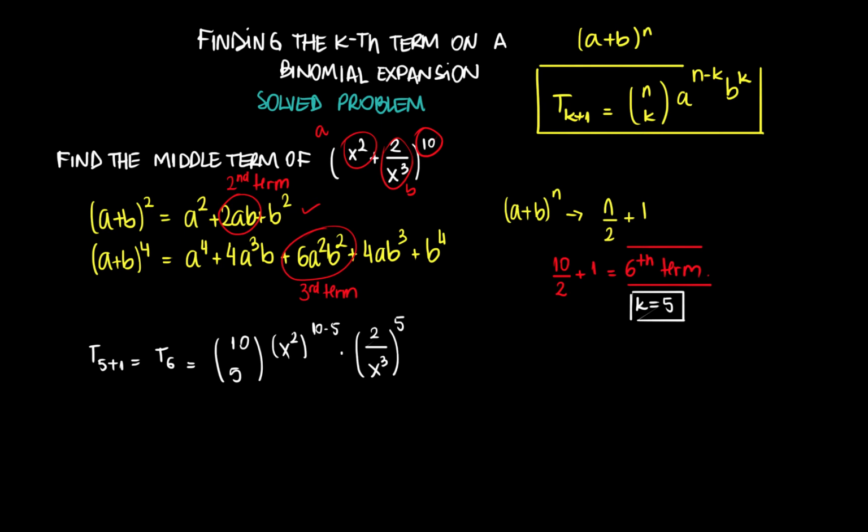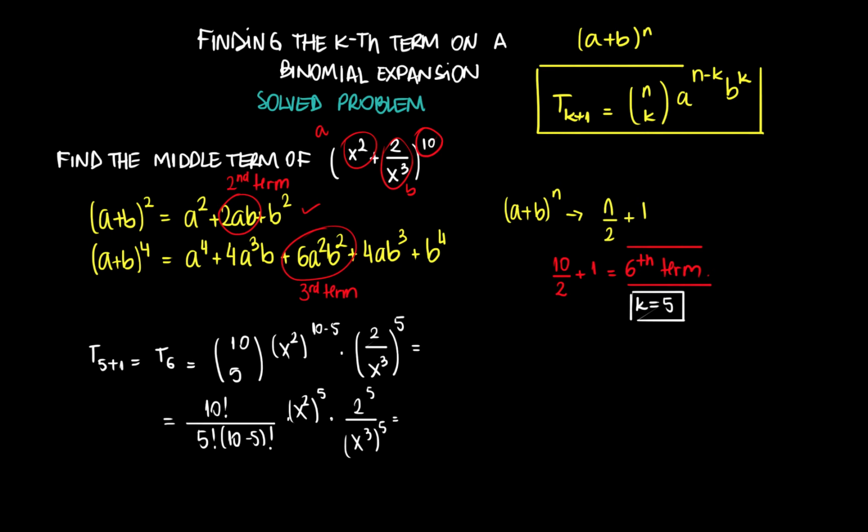So we're going to have (x squared) to the power of 5 here, and (2 over x cubed) to the power of 5 also. So we have 10 choose 5, which is 10 factorial over 5 factorial times (10 minus 5) factorial, times x squared to the fifth power times 2 to the fifth power over x cubed to the fifth power.